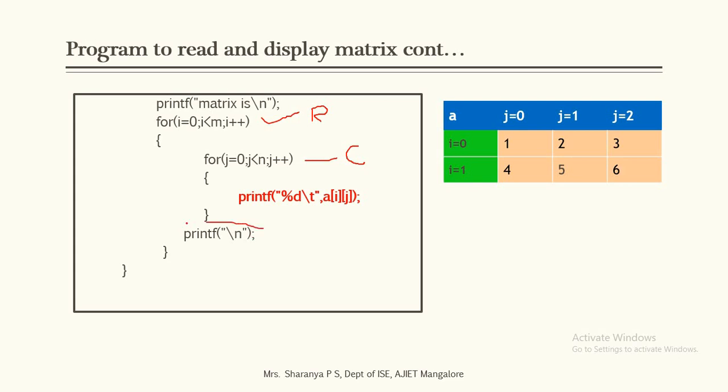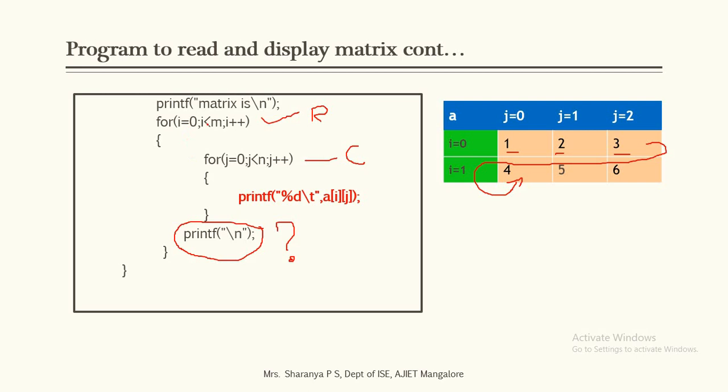And here you might be getting one question. Why is this \n required? What is its necessity? As we discussed previously, after entering 3 different elements in a single row, we want to move our cursor, or our control, to the next line.